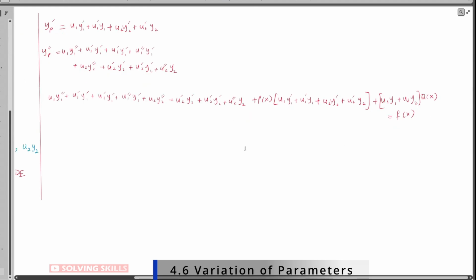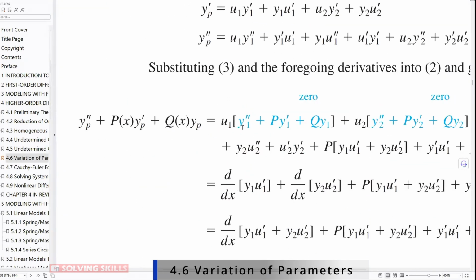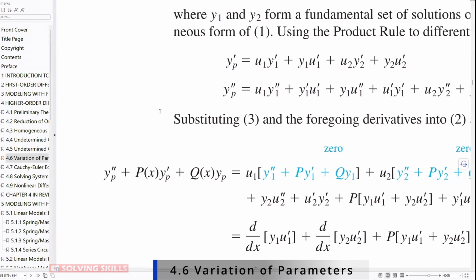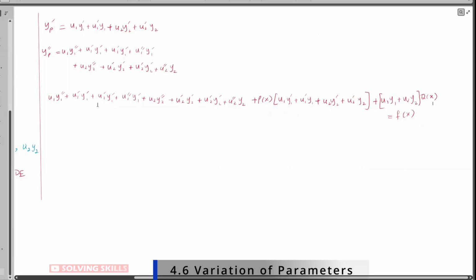So I'm going to fast forward. I'm going to show you the manipulation over here. When you do all of this, the substitution, and then when you collect, you will have to collect the coefficients of u1. So in this, we can see which terms correspond to u1. So this is u1, and this is u1 with p of x, and similarly, this is u1 with q of x.